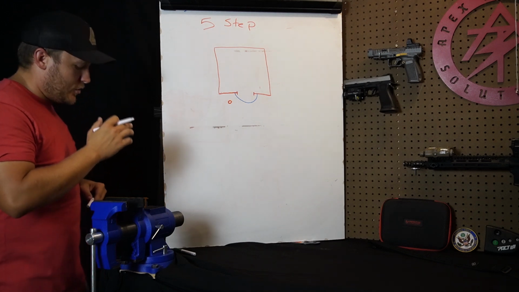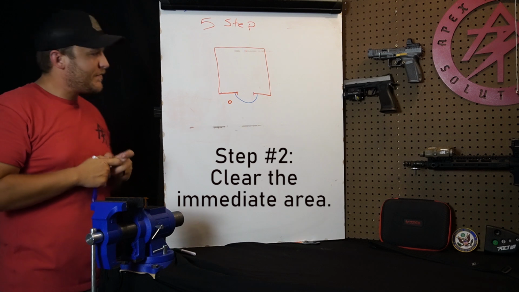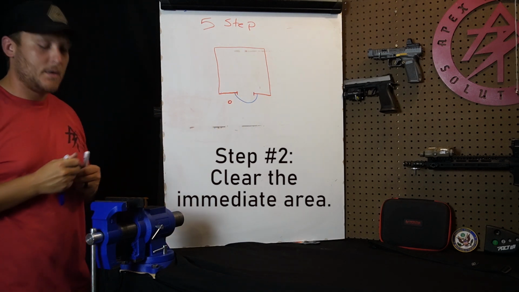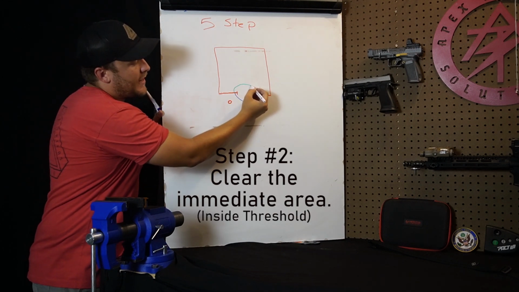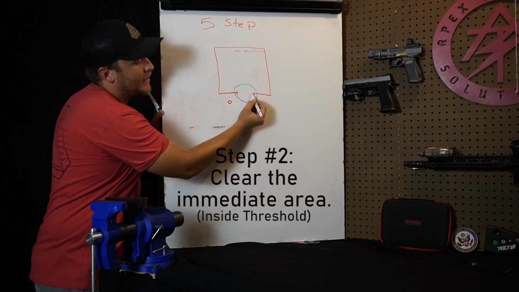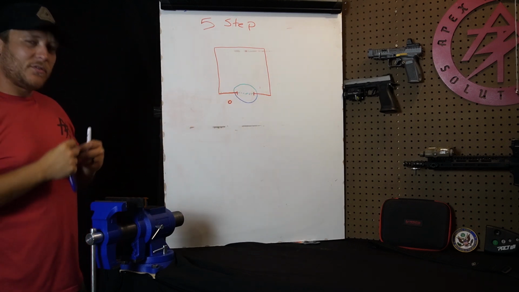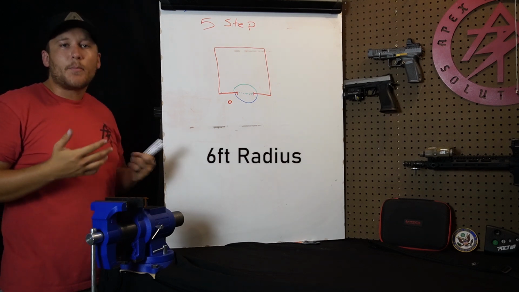All right, so after you have cleared the doorway, the next thing you're doing is clear the immediate area, which could be confusing because I already said we're kind of clearing this area, right? Which you would think is your immediate area. What we're talking about now is your immediate area inside the structure. So, imaginary line here, the threshold. We're gonna complete that radius, and we wanna look for about a 6-foot radius. It's the average size of a human, average size of a couple steps.